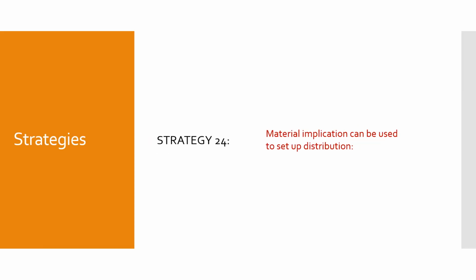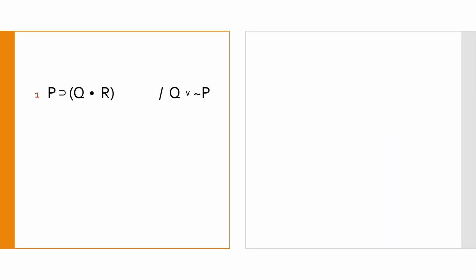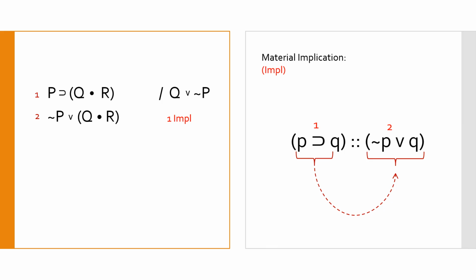Now, strategy 24 says a material implication can be used to set up a distribution. So notice in this case, we have if P, then Q and R, and the conclusion we want to get from this single statement is that it's either Q or it is not P. Now, to do this, the first step is to use the rule of material implication.